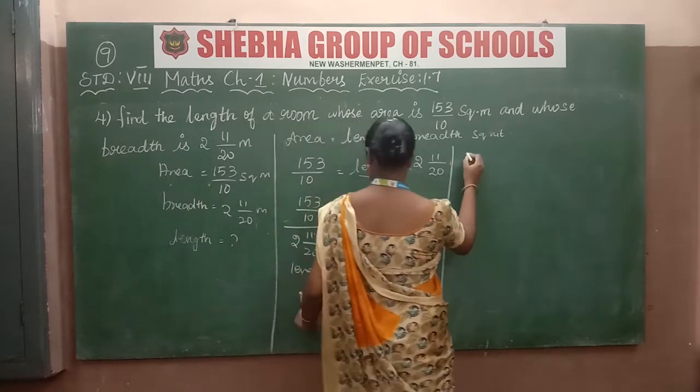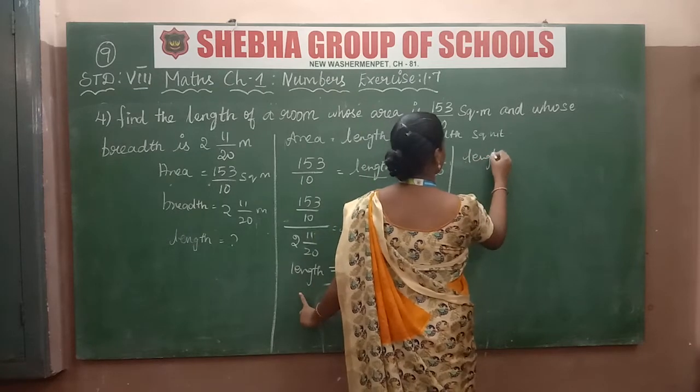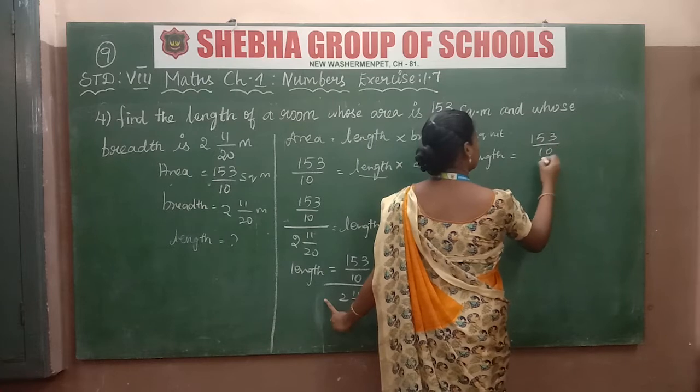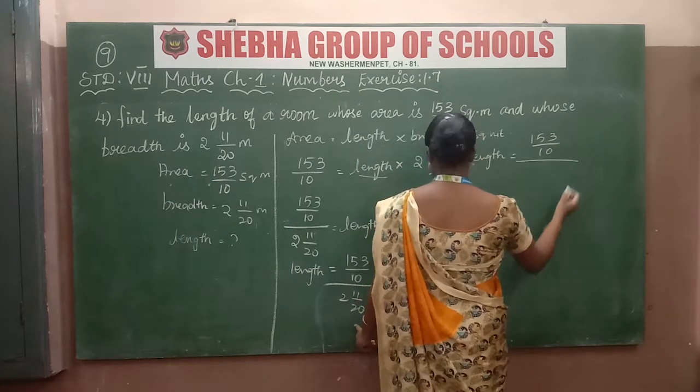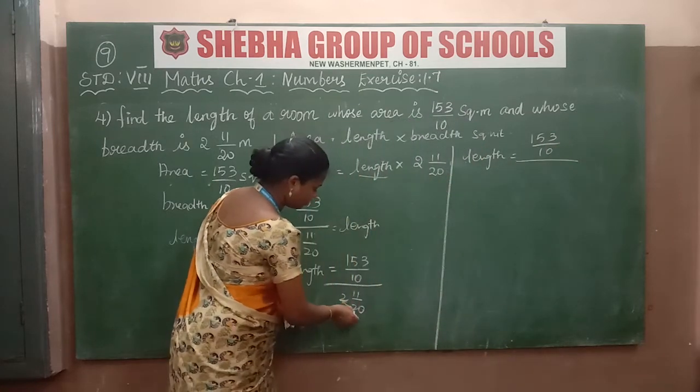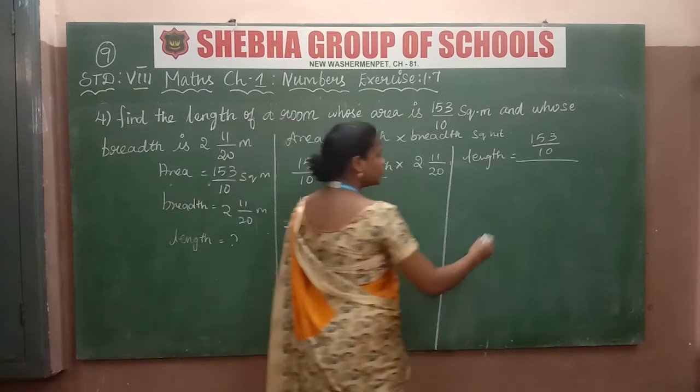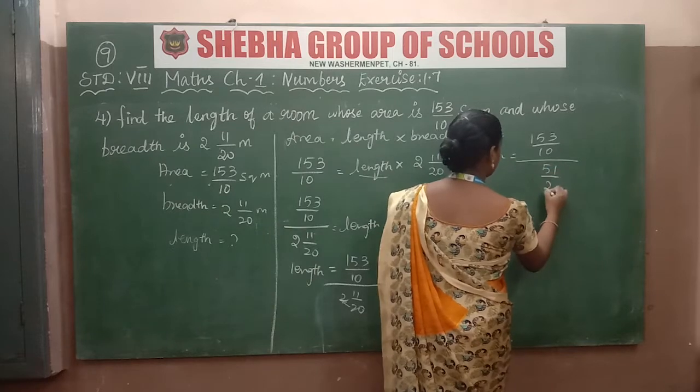Then we write length is equal to 153 divided by 10 whole divided by, we have to multiply it: 20 into 2 is 40, 40 plus 11 is 51. So we write 51 divided by 20.